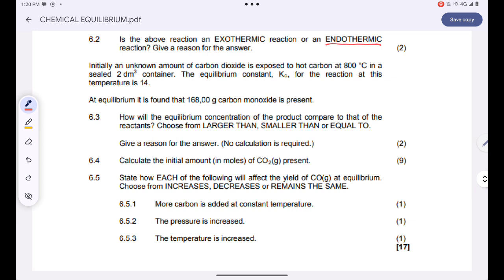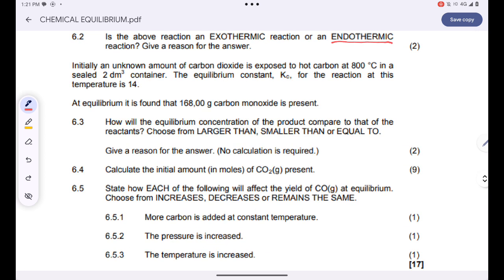Choose larger than, smaller than, or equal to. The concentration of our products will be larger than that of our reactants. How do I know that? Because our Kc is greater than 1.